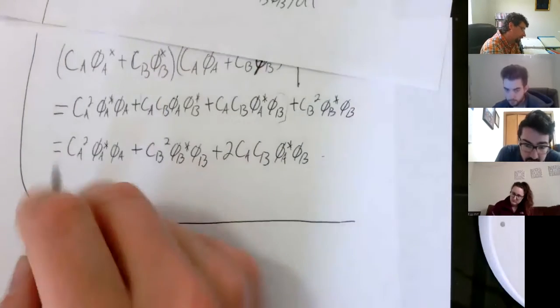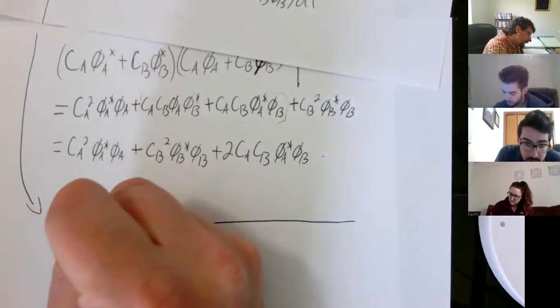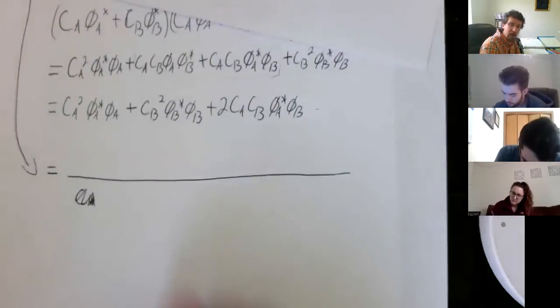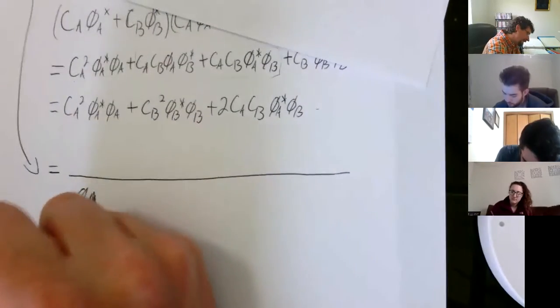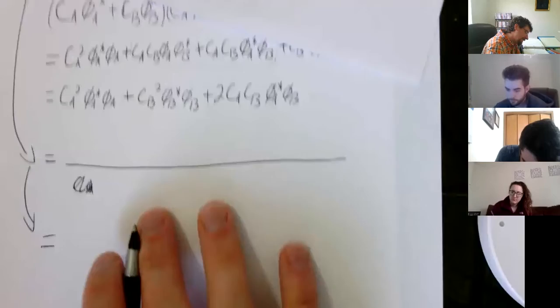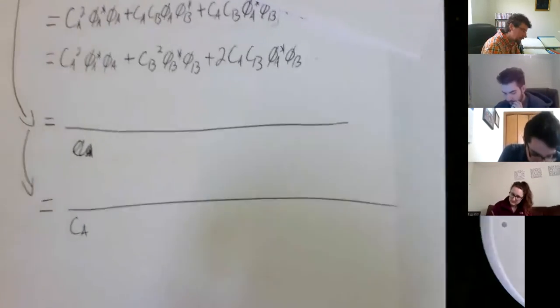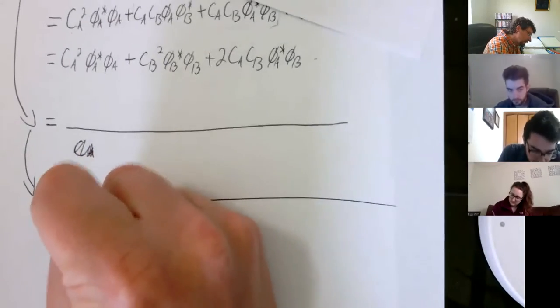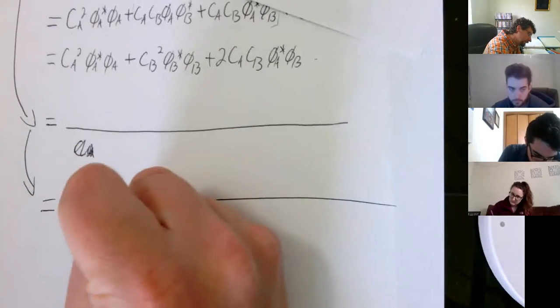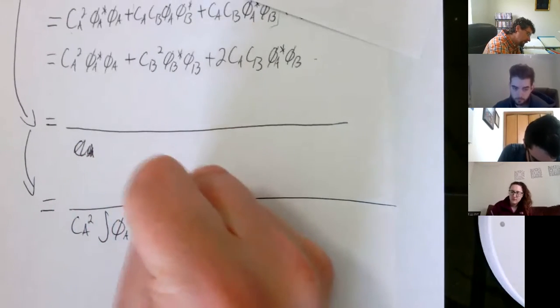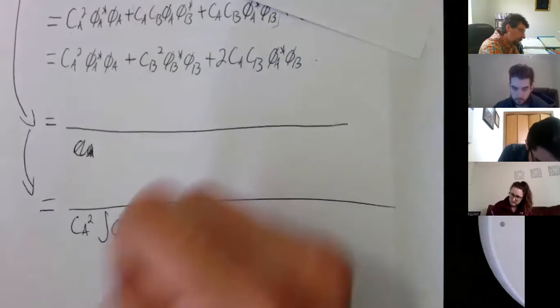So the bottom is going to become CA squared integral phi A star phi A d tau. What's the next term going to become?